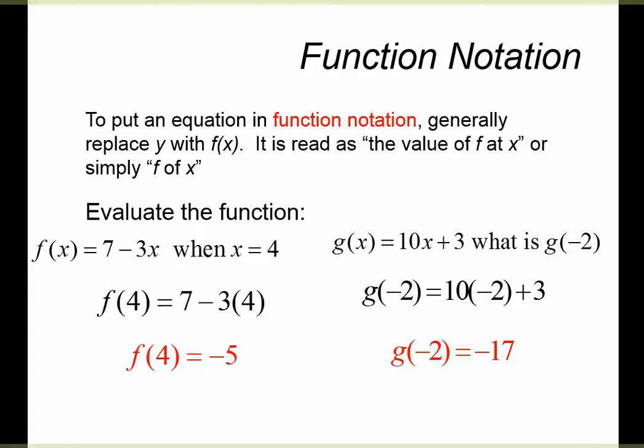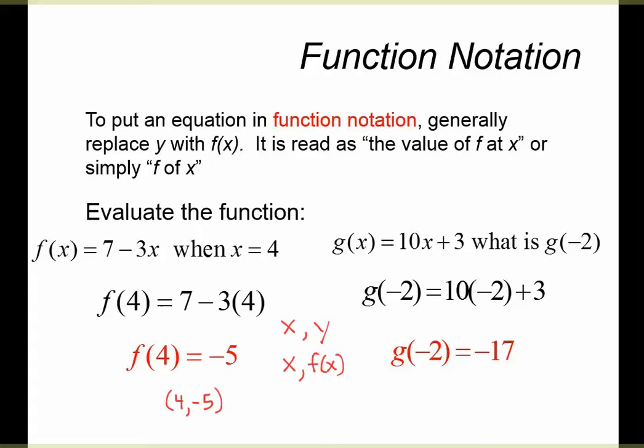And so I just want to re-emphasize here that when we're talking about functions, for ordered pairs, we are used to x comma y, but when we're dealing with functions, we're going to think of it as x comma f of x. Okay, so for the first one, the ordered pair we could write would be 4 comma -5. You plug in a 4, and it spits out a -5.